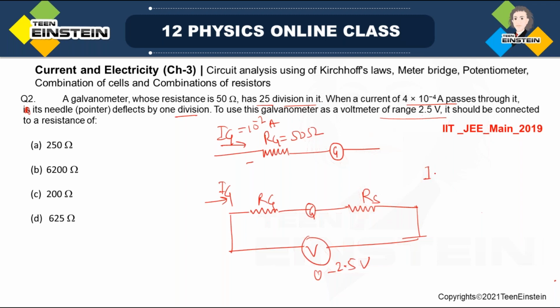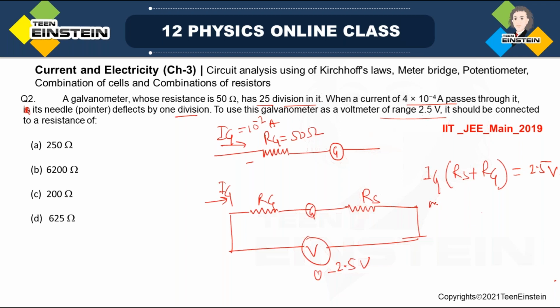That means Ig, which passes through the galvanometer and the resistor both, Ig into Rs plus Rg, will be 2.5 volt.